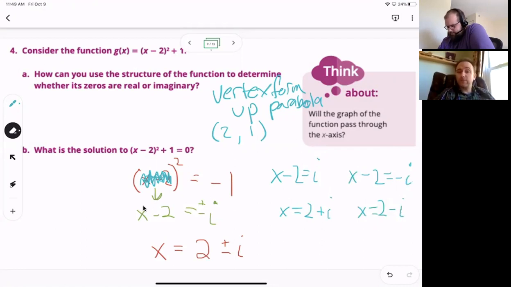But if that makes you more comfortable to write it down twice, by all means, write it down twice if you're concerned you're going to forget something. Either way is okay. So then it says, think about, will the graph of the function pass through the x-axis? And we've already kind of talked about this. I find it interesting that we approach this kind of from that beginning point to then think about the structure of that, which is neat.